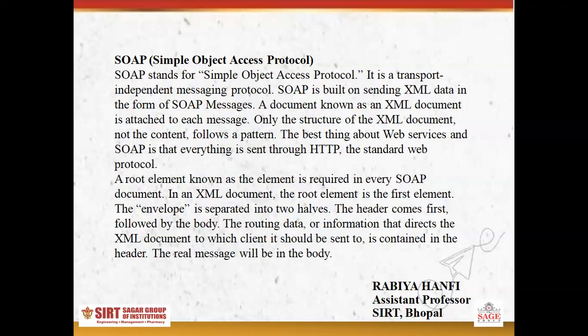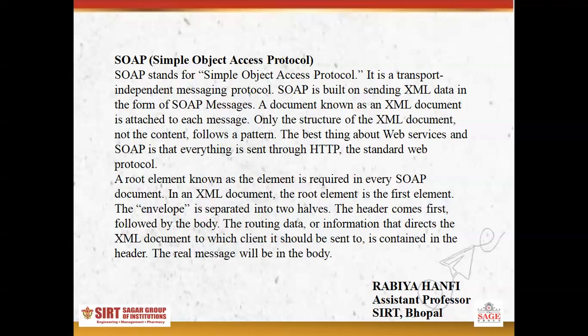The root element is known as the envelope element, which is required in every SOAP document. In an XML document, the root element is the first element. The envelope is separated into two halves: the header and the body. The routing data, or information that directs the XML document to which client it should be sent, is contained in the header.